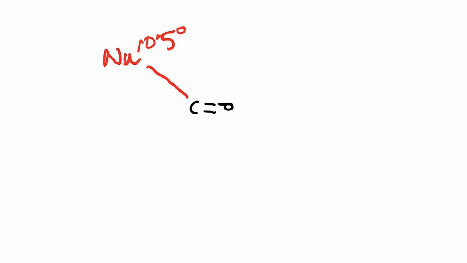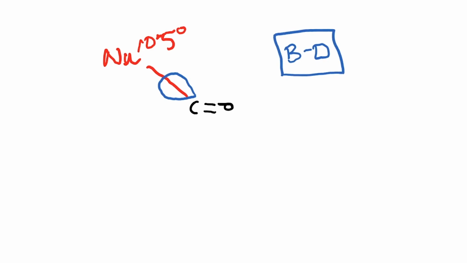Okay, so there are two interesting aspects here. So one is the pi star is also not at 90 degrees, and the angle at which the nucleophile interacts with the carbonyl in the solid state, which is called the Bürgi-Dunitz angle, is also not 90 degrees. Okay, so therefore the traditional picture that we understand, where C double bond O interacts with the nucleophile at 90 degrees, is false. Okay, so it's more likely that it attacks at an angle.